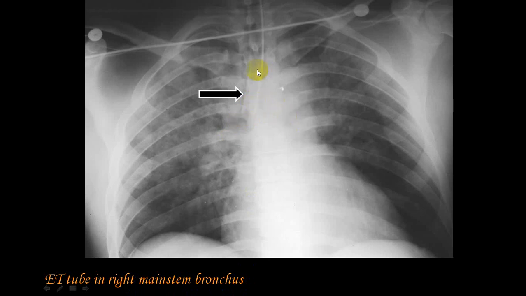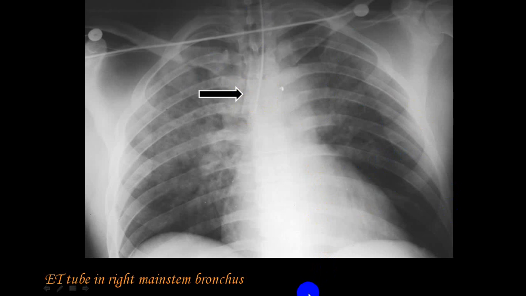If this tube is not placed properly, it should be higher up at the level of the fifth rib. Say suppose this is first, this is second, this is third, this is fourth, this is fifth. It should be higher up here at this level. This is pushed down a little. So sometimes this can block the left bronchus and you can end up with a left complete lobe collapse.